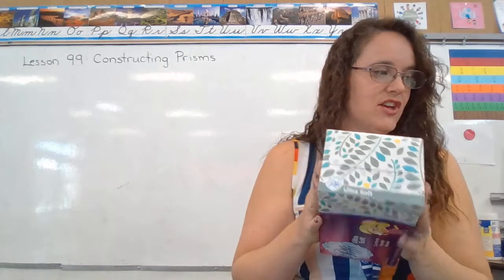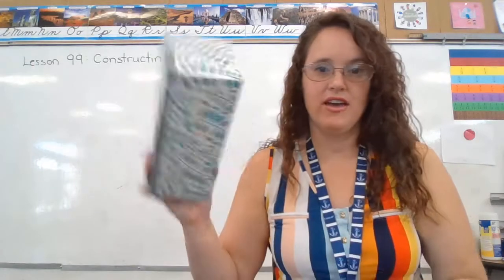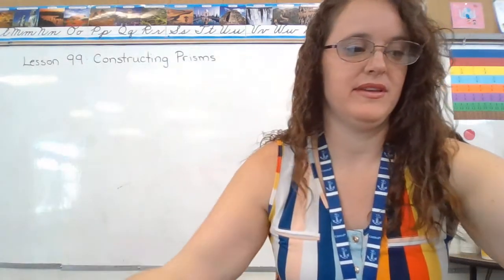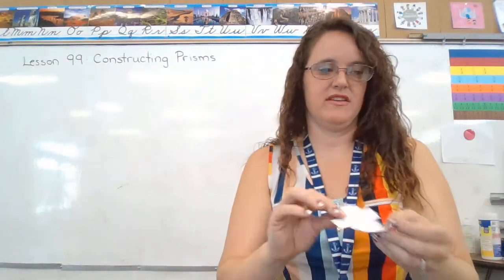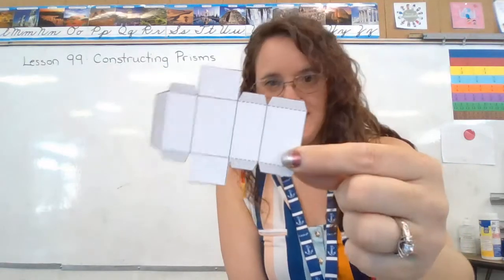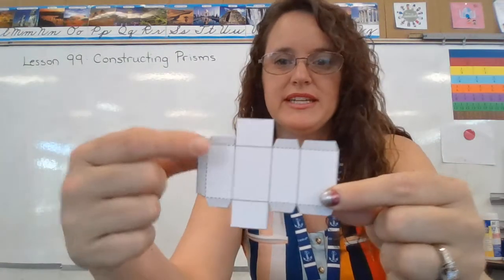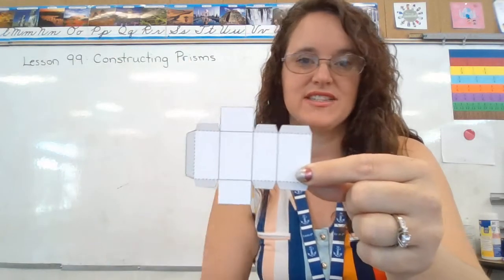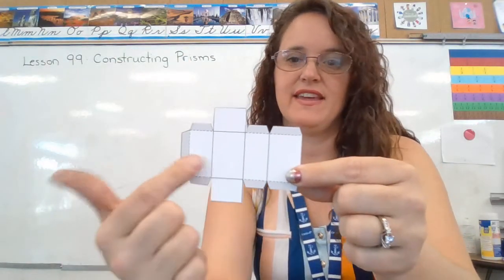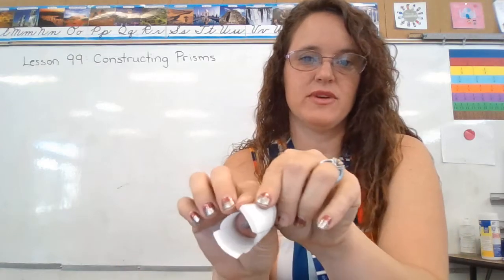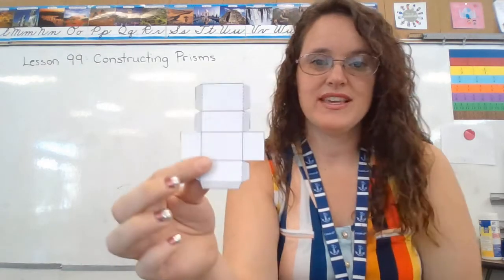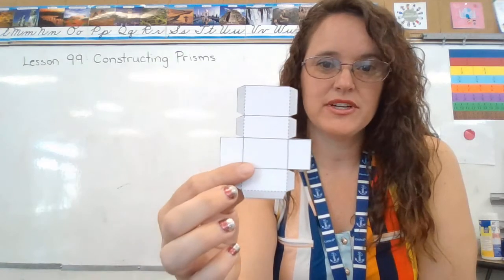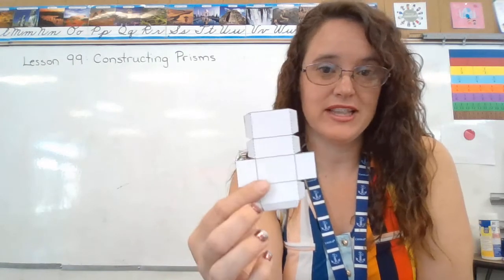All right, so if I opened this up, it would look very similar to this. We'd have the 1, 2, 3, 4, 5, 6 faces, and they'd all be attached except for the section that we cut to open it. So this is what a flattened out cereal or tissue box might look like.